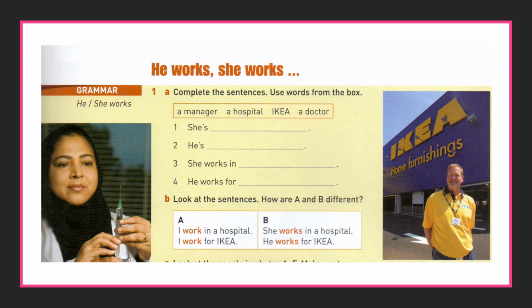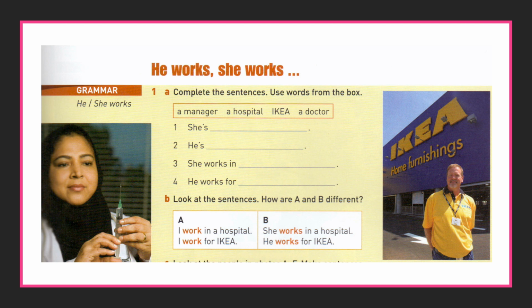Now, look at the sentences in the table. How are A and B different? You see in table A, I work in a hospital, whereas in B, she works in a hospital. I work for IKEA.